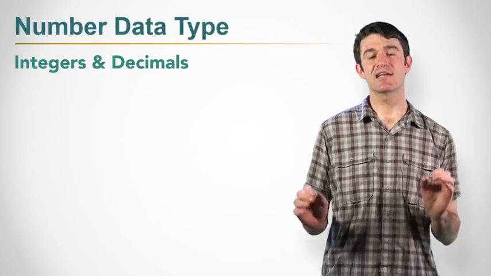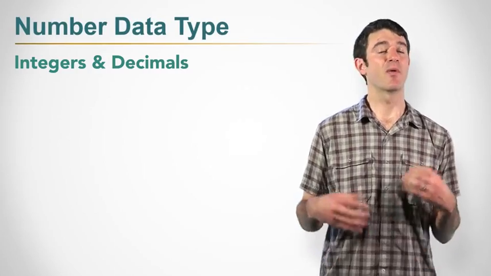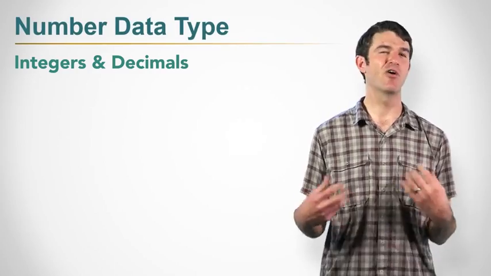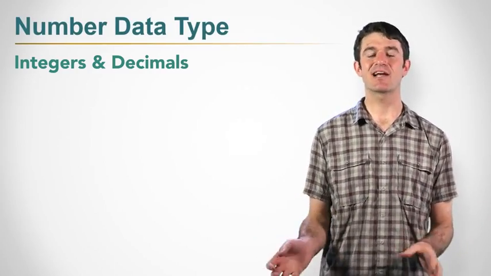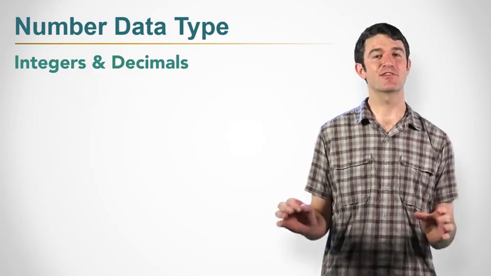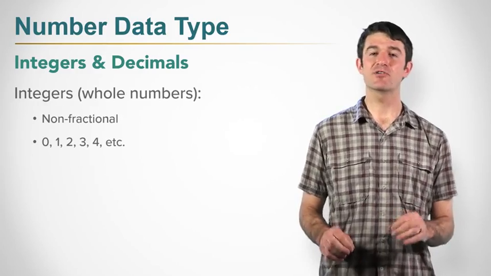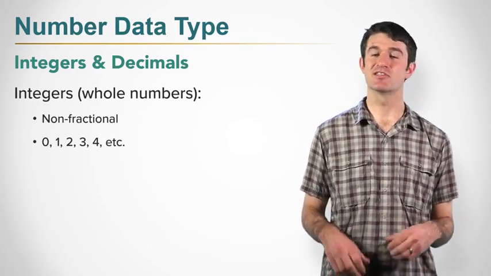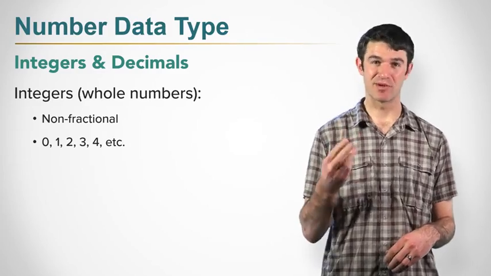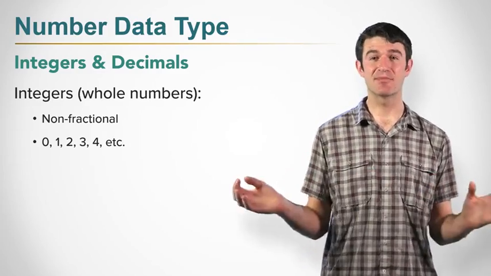To computers, data types break down even further. When I said numbers, I really meant a whole group of data types. Let's think back to our days in school. Remember the difference between whole numbers or integers and real numbers? Whole numbers are non-fractional in that they represent numbers 0, 1, 2, 3, 4, etc., but nothing in between.